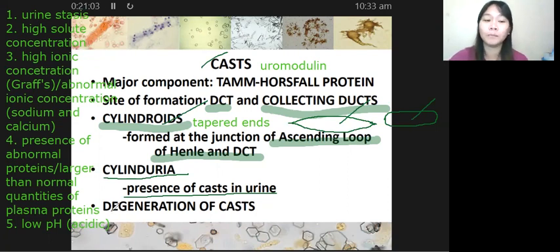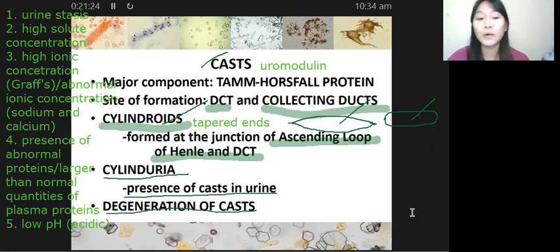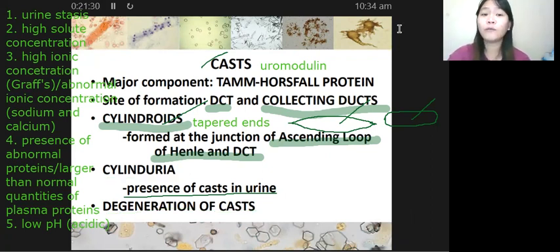Alright, so yan po. Alright, so before we move on to the different casts that we have in clinical microscopy, let us try to discuss muna, bago ako pumunta sa degeneration of casts, the formation of your casts.